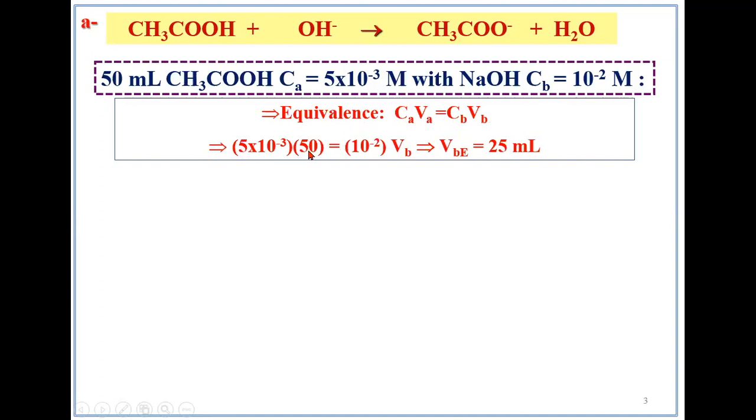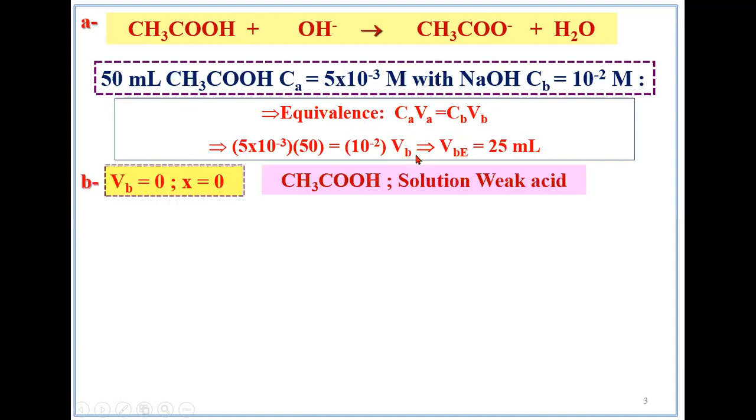Concentration of the acid times volume of the acid. Notice the volume of the acid was given as 50 milliliters. Concentration also was given. Concentration of base was given, 10 to the minus 2 molar. And I have to calculate VB at equivalence, the volume at equivalence. Calculate it, you get 25, which we already knew from our x value.